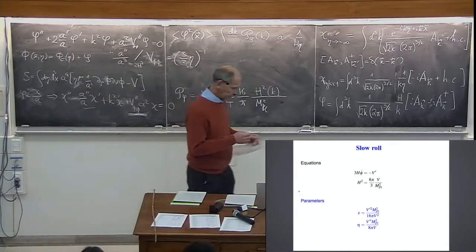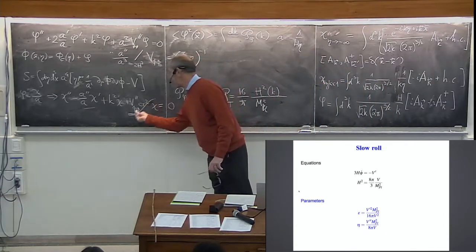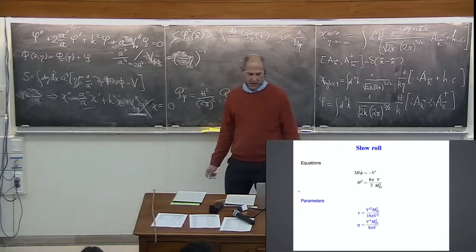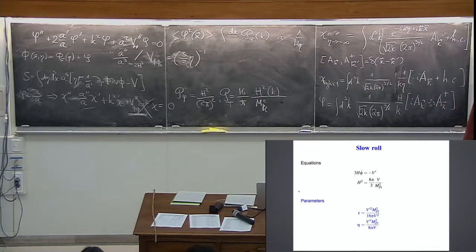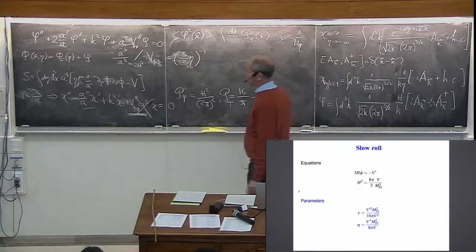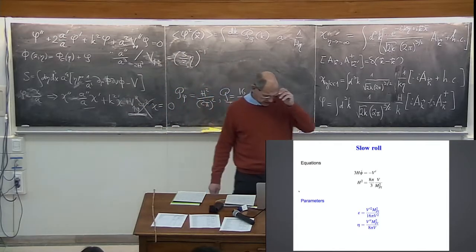But to the leading order in slow roll, you can forget about this term, and we come back to the equation for the scalar field, for the perturbation.